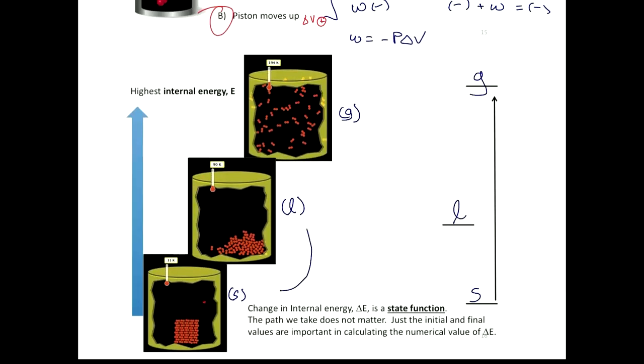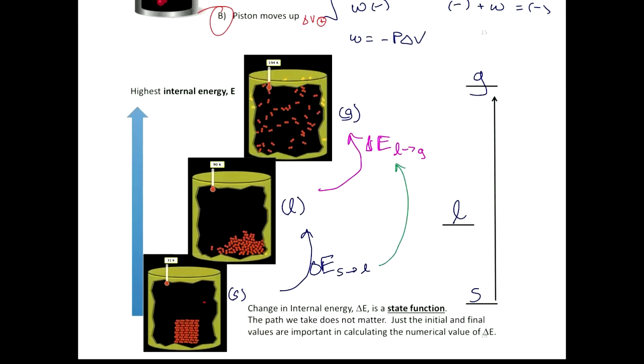So the idea is it takes some amount of energy to go from the solid to the liquid. It also takes a different amount of energy to go from the liquid to the gas, right? And so changes in internal energy is a state function. What that means is that if we wanted to go from a solid to a gas directly, all we would have to do is add up those two amounts of energy, because changes in internal energy is a state function.